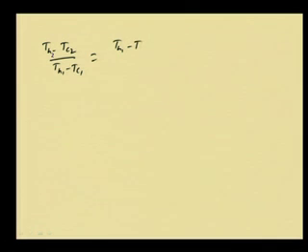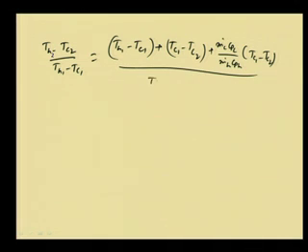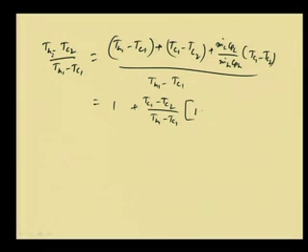Rearranging, this equals 1 plus (Tc1 minus Tc2) by (Th1 minus Tc1) into (1 plus m dot c Cpc by m dot h Cph).